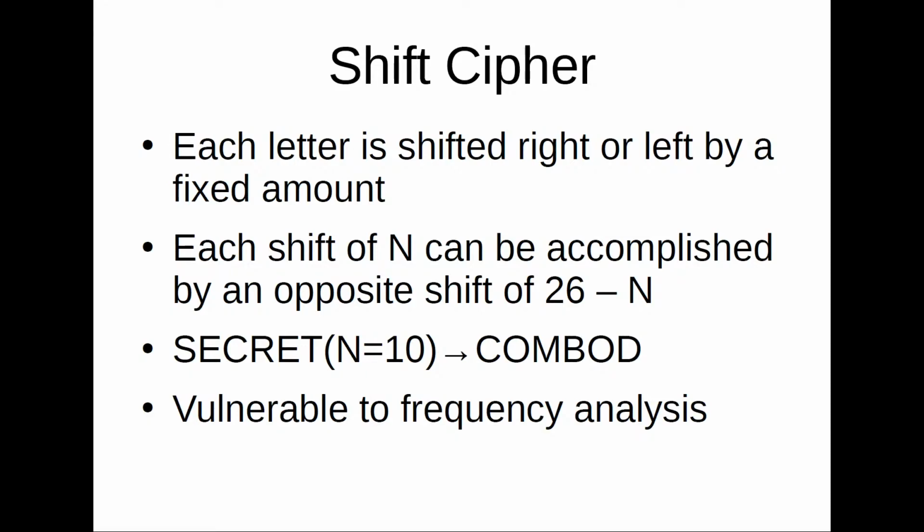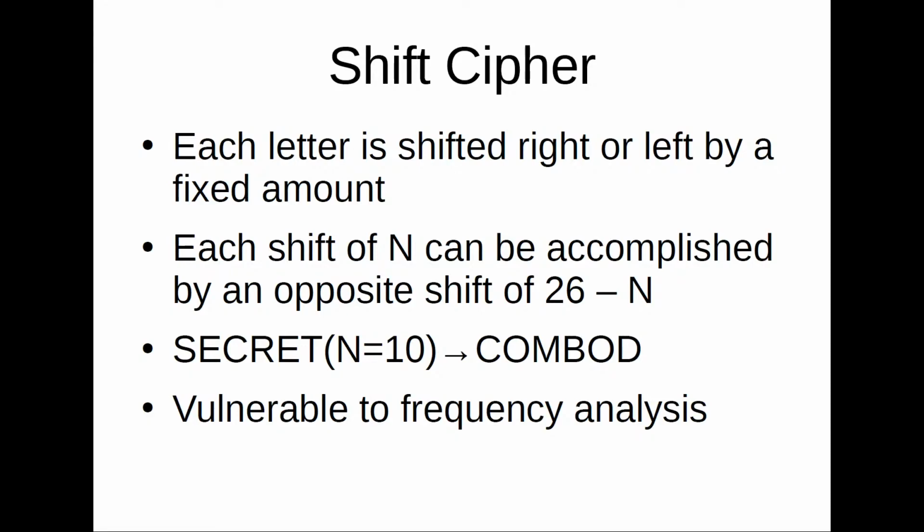So if you shift right 3, you could also shift left 23 to get the same thing, or left 3, right 23. And for example, if you have the same word secret but shifted 10 times, you get COMBOD as the output.